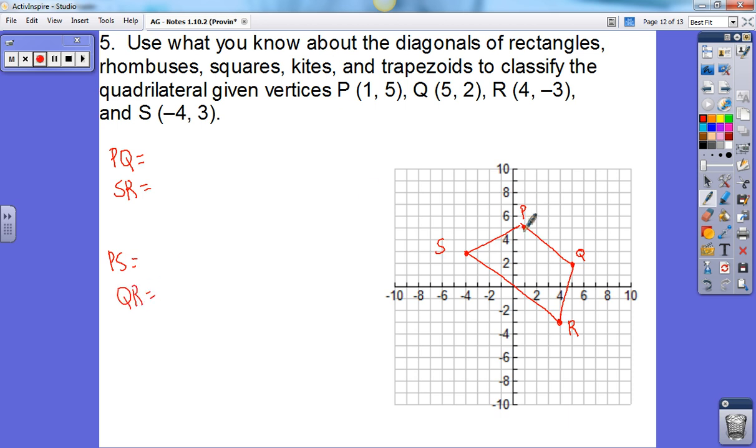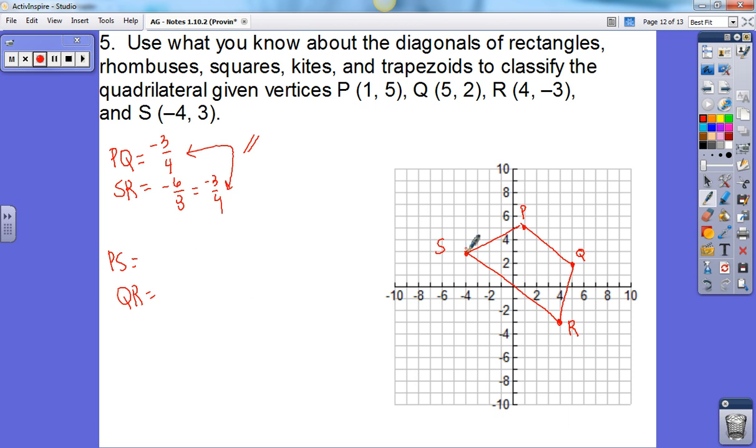Alright, so PQ, we've got a slope of negative 1, 2, 3 over 1, 2, 3, 4, so negative 3/4. And SR, we've got a slope of negative 1, 2, 3, 4, 5, 6, and a run of 8. So that reduces. So these two are parallel.